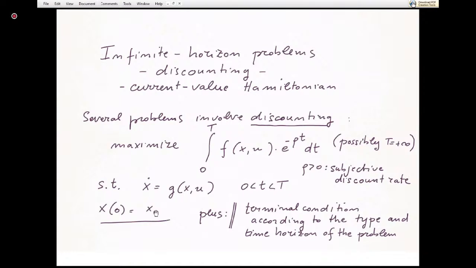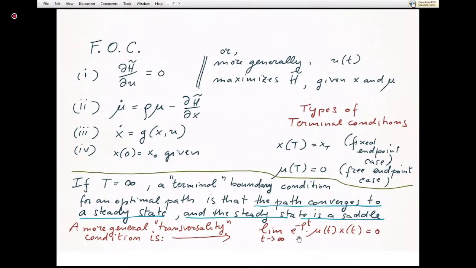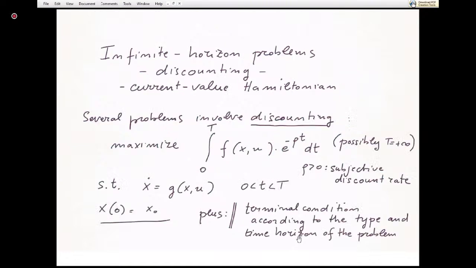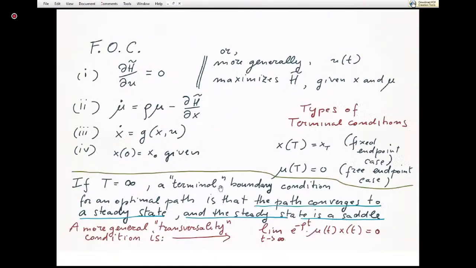X0 is equal to x0, but the only difference is that here we have plus infinity, and we have a terminal condition which will be according to the type and the time horizon of the problem. Here we would have a standard terminal condition, but if the problem is from 0 to plus infinity, a terminal boundary condition for an optimal path is this one.